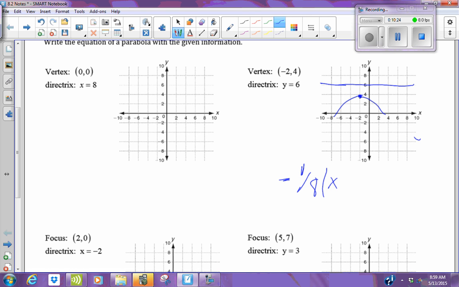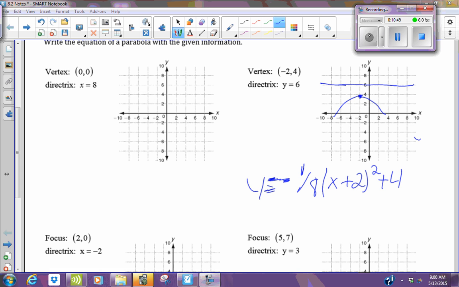The formula. You know the formula. X. And then you plug in the vertex. So plus 4. Oops. Hit pause.